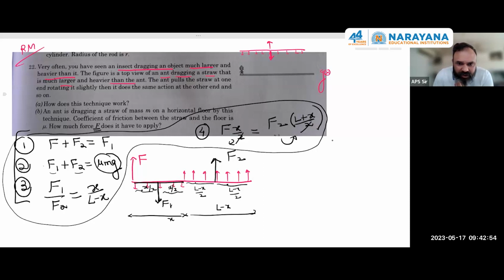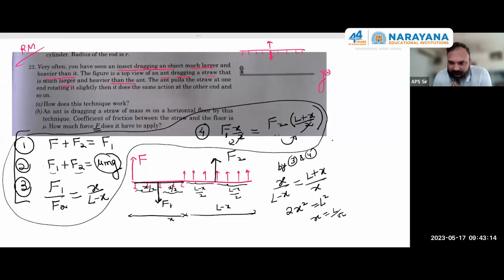And this was F1, remember, F1 into x by 2. So by the third and fourth, directly if I solve, I'm getting x upon L minus x is L plus x upon x. So basically 2x squared is L squared. So x is equal to L by root 2. The negative root does not have any significance. I'll take the positive here.